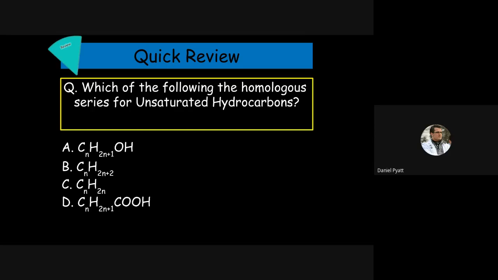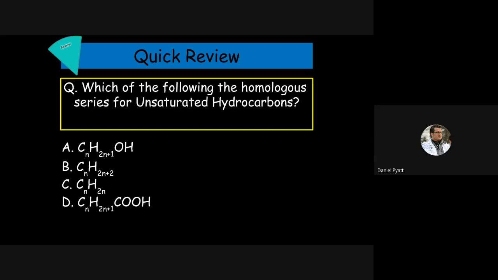Okay, so again, this is testing you on two things. One, you have to realise when it says unsaturated hydrocarbons, what group is it talking about? And of course, you should realise that unsaturated means it has a double bond. So it's talking about alkenes.